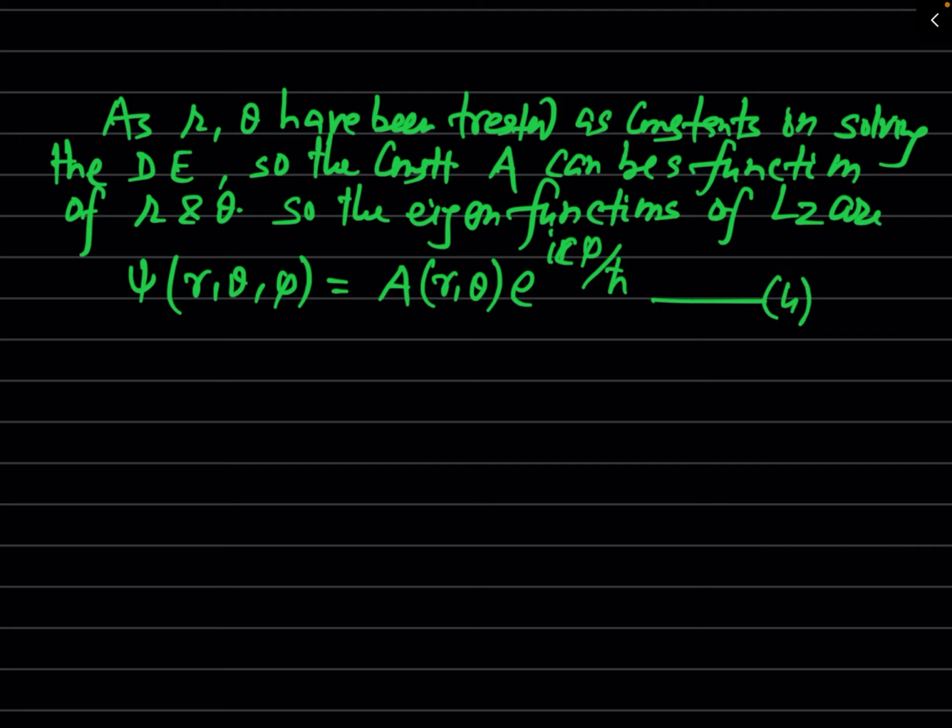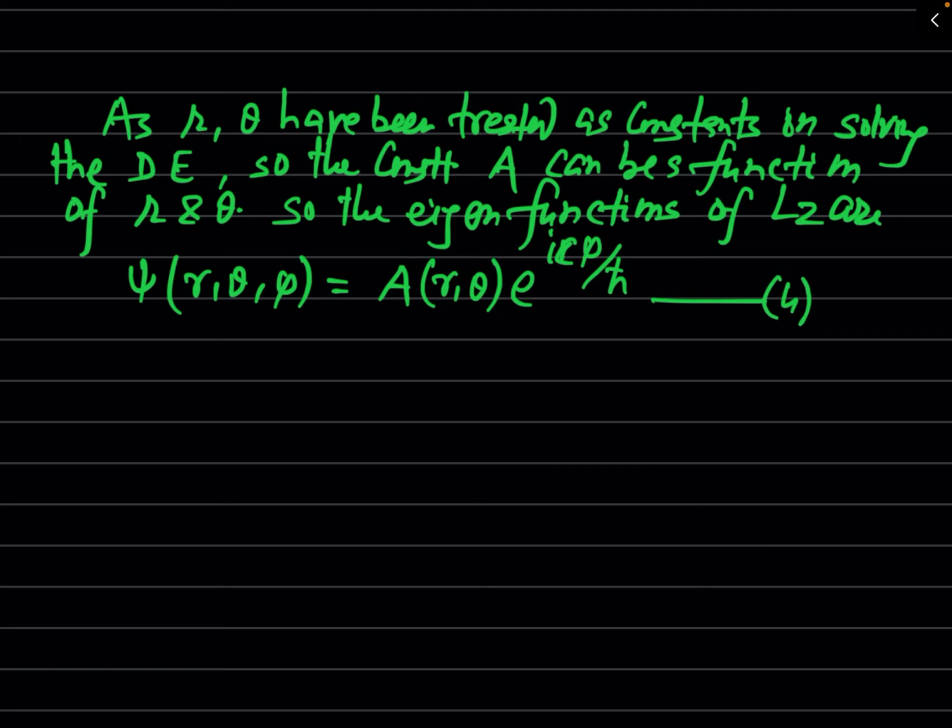So equation 4 defines the eigenfunction of this operator, but C, which is actually the eigenvalue, has not been obtained till now. Actually all values of C are not allowed. You will see that there will be a particular restriction on the value of this constant C. Why is there a restriction?